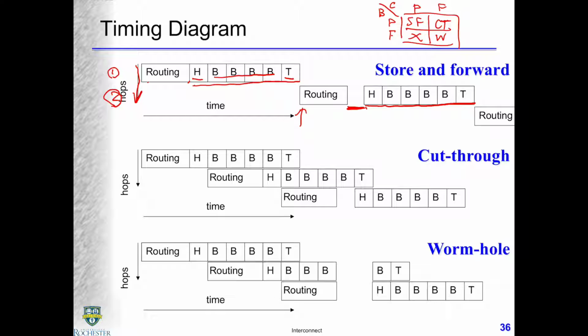Realizing that we can borrow the concept of pipelining, cut through tries to do this a little bit differently. So once the header flit arrives at node 1's downstream neighbor, node 2, node 2 can start to do the routing already. Oh, I know where you're going, because that's what's in the header. And then I start to route.